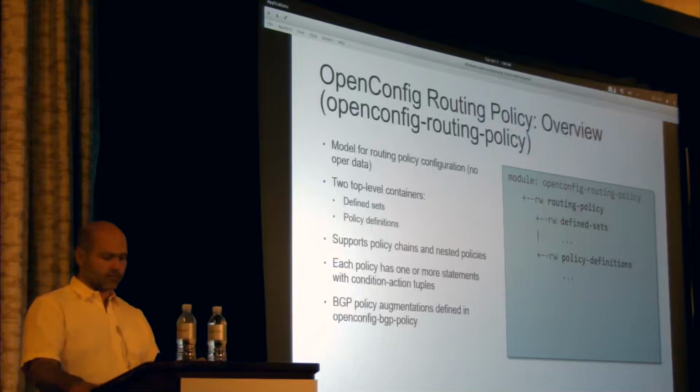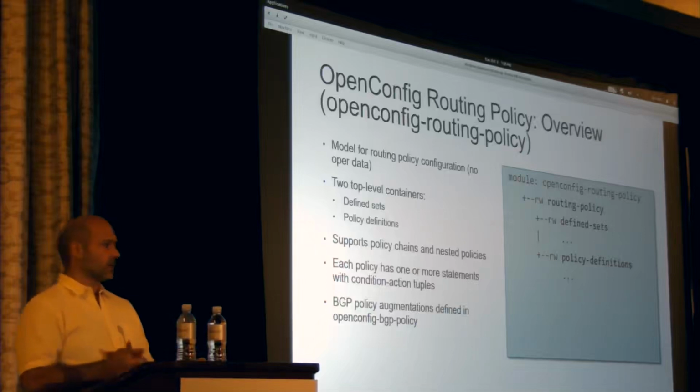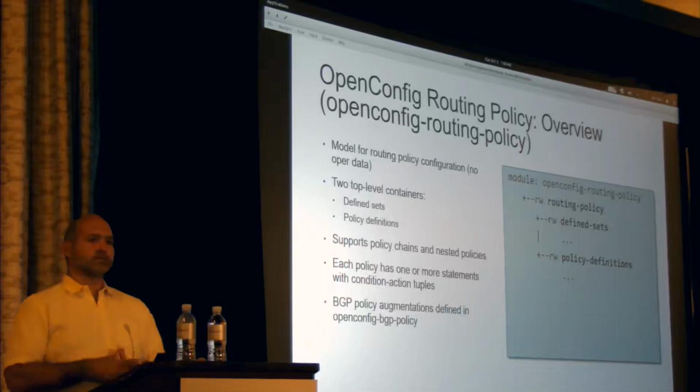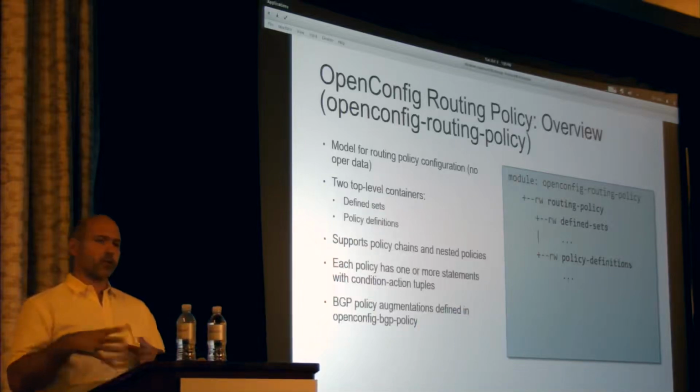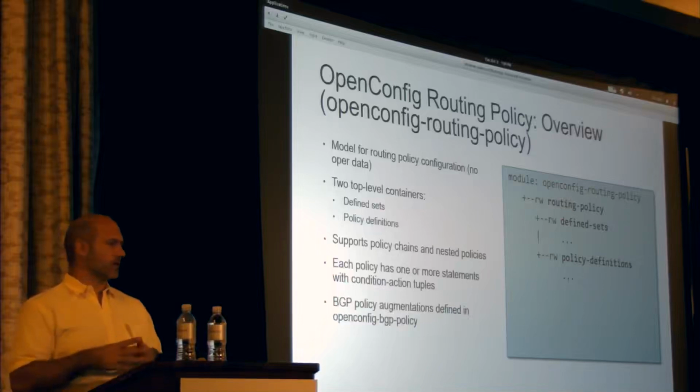The routing policy model doesn't define the defined sets and doesn't define all the attributes for policy definitions for BGP directly. That actually is defined in an augmentation. So if you look at just the OpenConfig routing policy, it's going to have a lot of constructs for routing policies, but you're not going to see BGP data there.